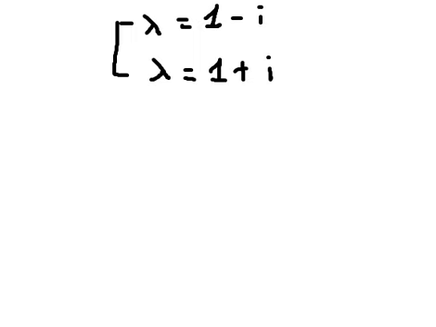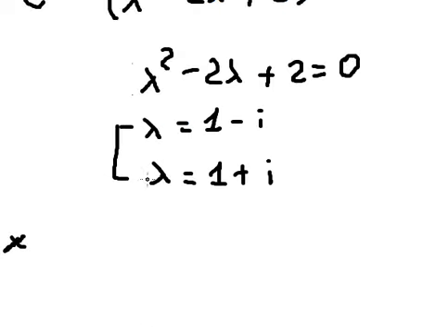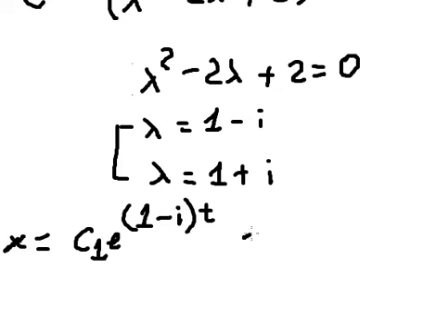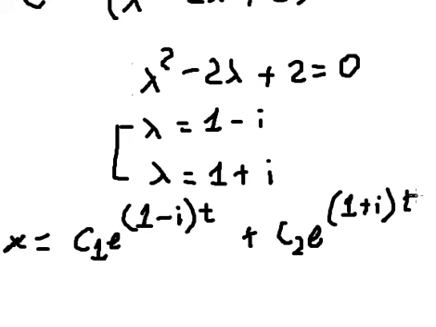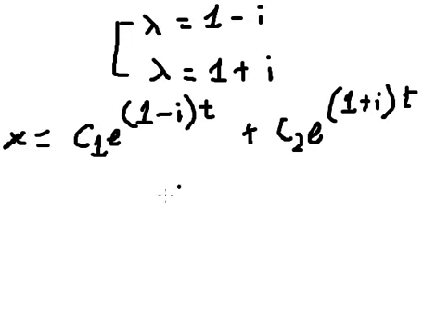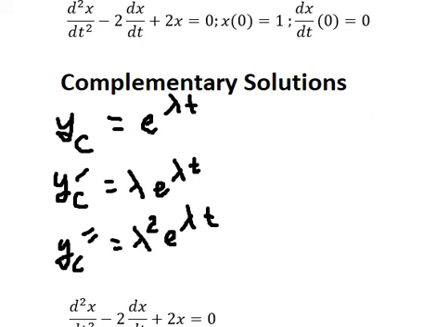So in this case, I will put s, because this one is about s, and we have c1 e to the power of (1 minus i)t, and c2 e to the power of (1 plus i)t. So in this case, we can keep it like this, and now we have the conditions.